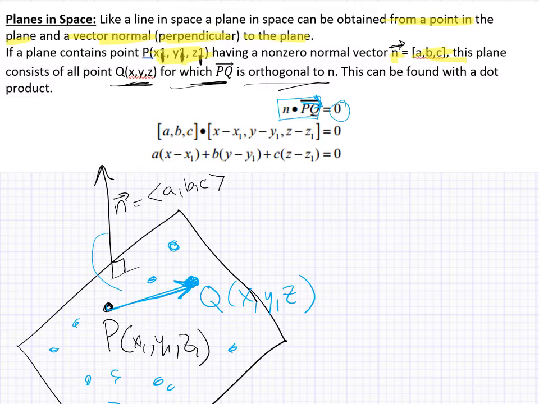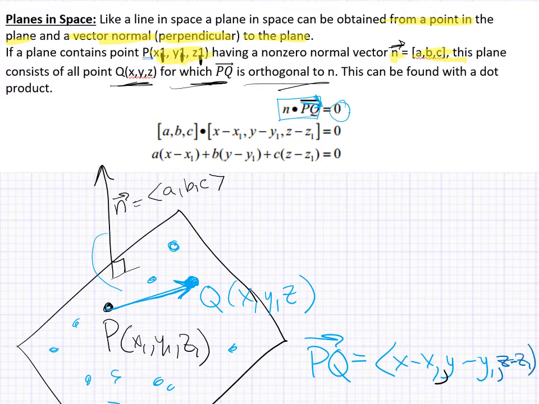Well, what's PQ? Vector PQ should be x minus x1, y minus y1, z minus z1.